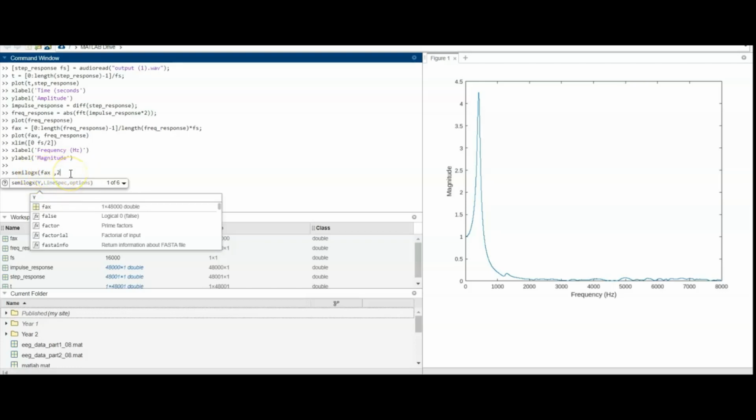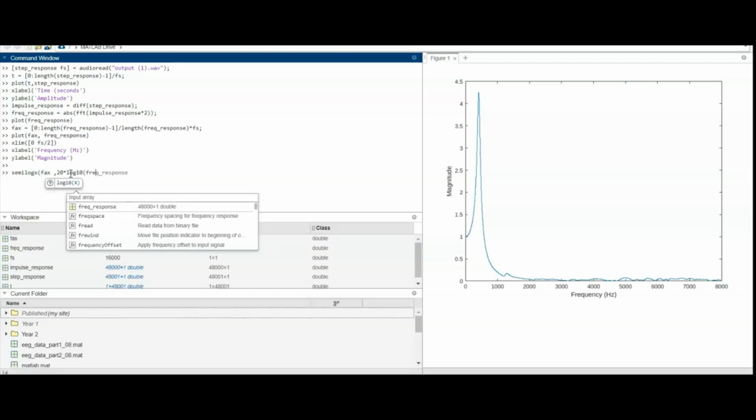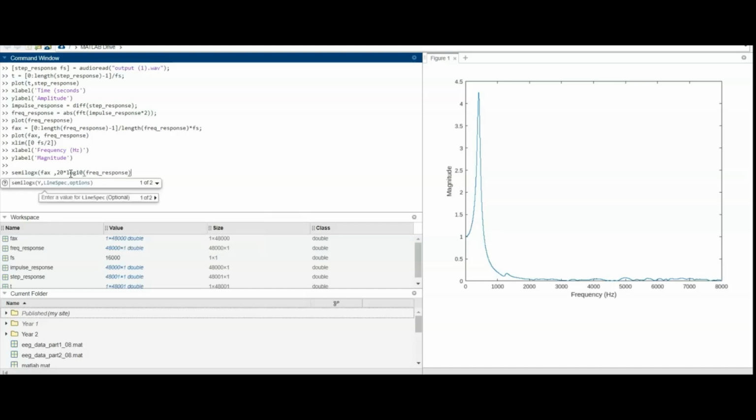And then for a Bode plot, we have to have the magnitude in dB, so we're just going to do 20 log10 of our frequency response, and that'll give us it in decibels.